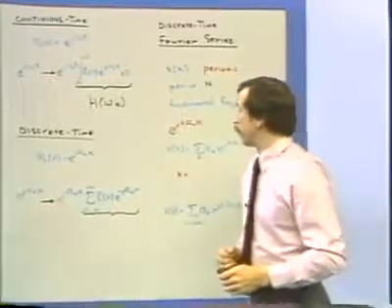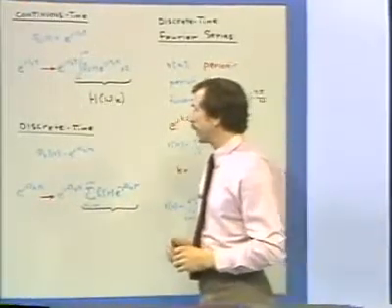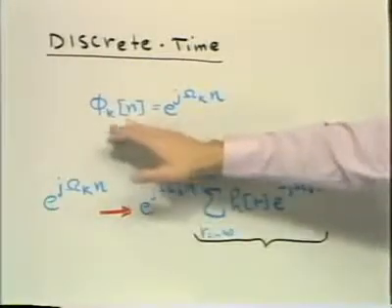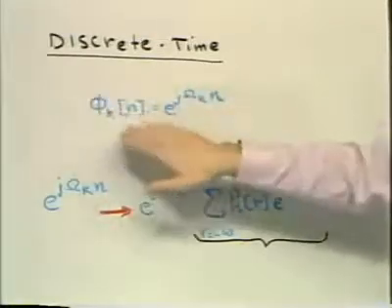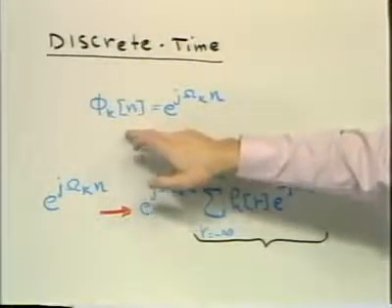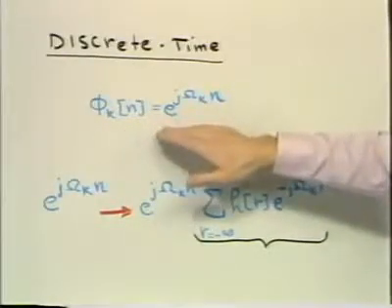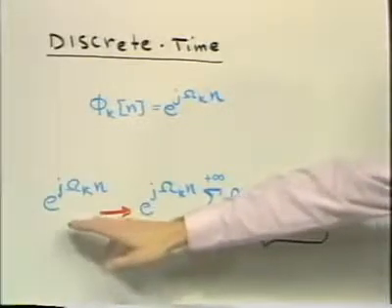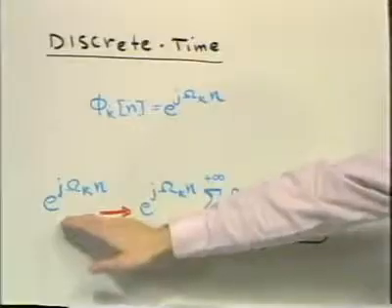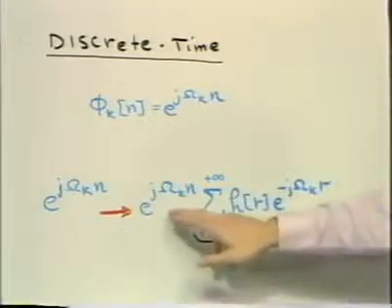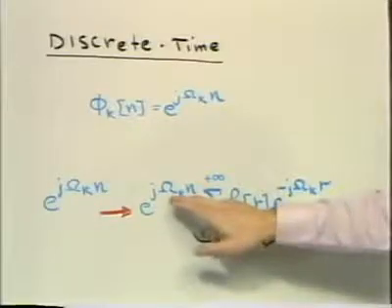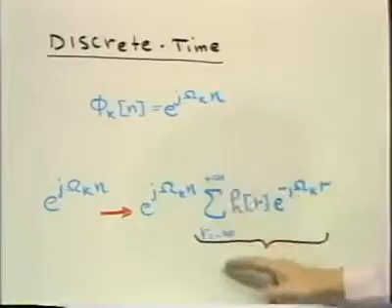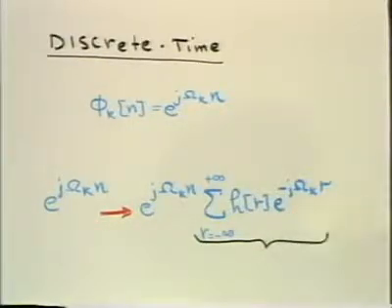Well, let's begin with the eigenfunction property, and let me just state that just as in continuous time, if we consider a set of basic signals which are complex exponentials, then discrete time linear time invariant systems have the eigenfunction property, namely if we put a complex exponential into the system, the response is a complex exponential at the same complex frequency, simply multiplied by an appropriate complex factor or constant.